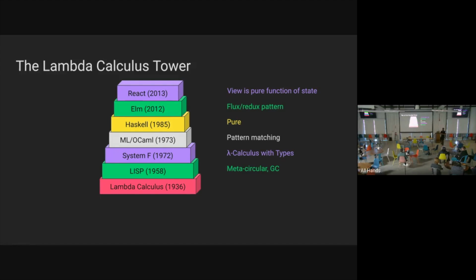But then eventually, as you start to build larger and larger apps, you realize that this one-way data flow constraint makes it way easier to reason about what your view is going to look like given a state. And the point I'm trying to make is that these ideas are not new.